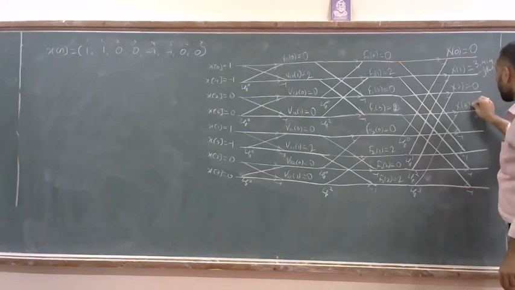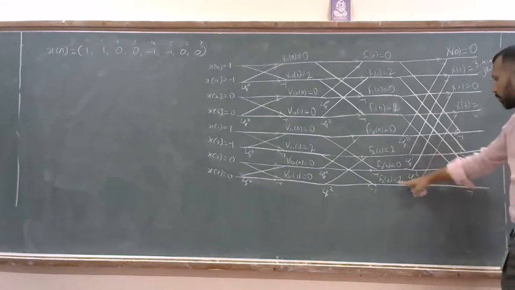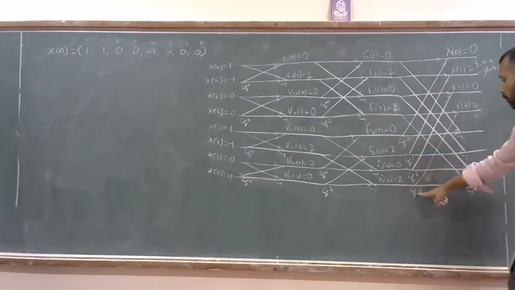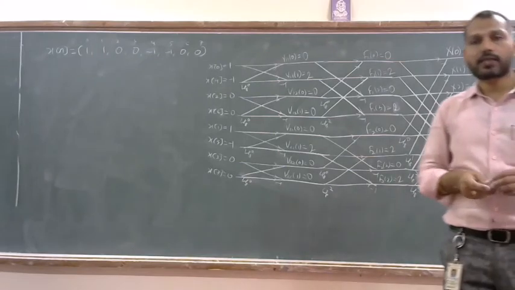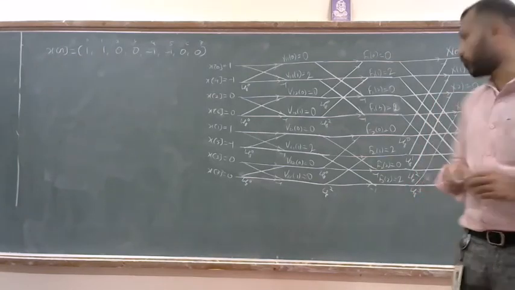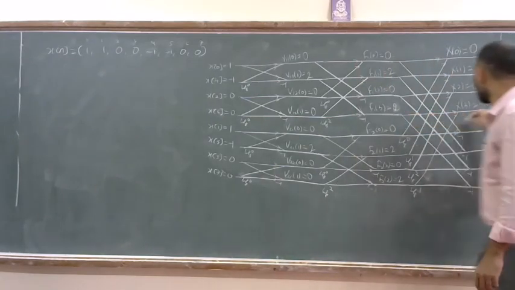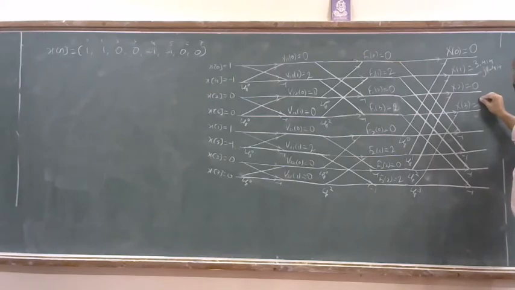X of 3 will be F1 of 3 plus W83 multiplied by F2 of 3. Here 2 multiplied by minus 1 by root 2 minus j 1 by root 2 will be minus 1.414 minus j 1.414, to which 2 has to be added. So it will be 0.586 minus j 1.414.